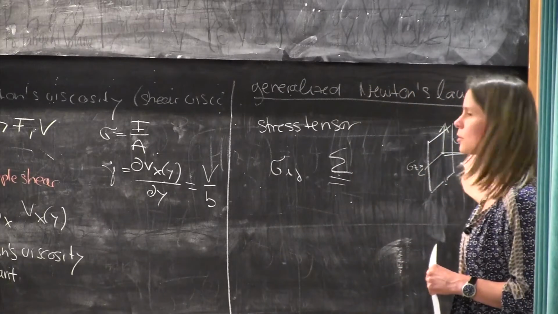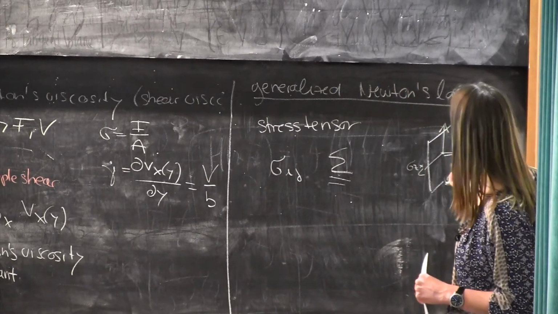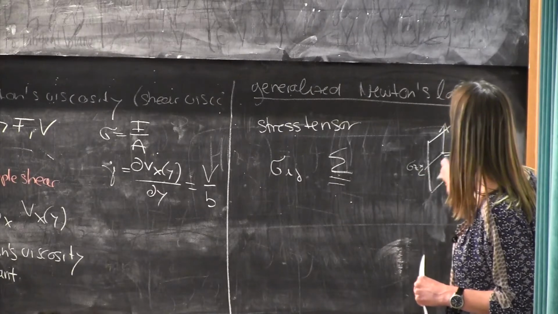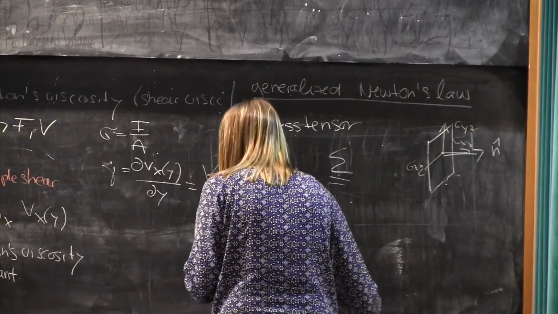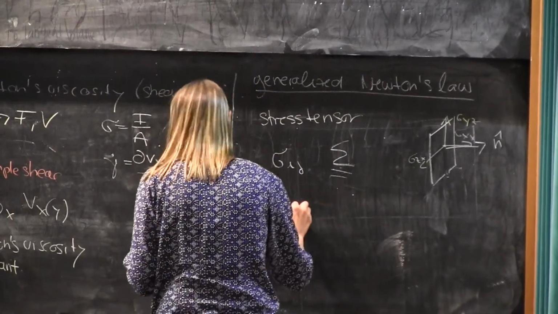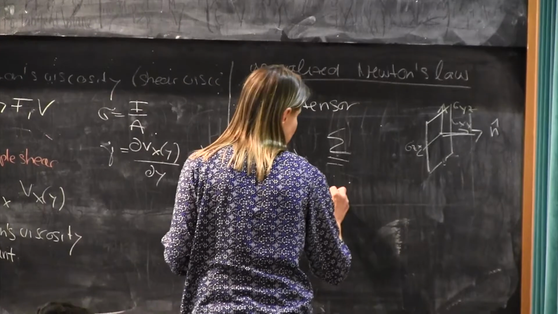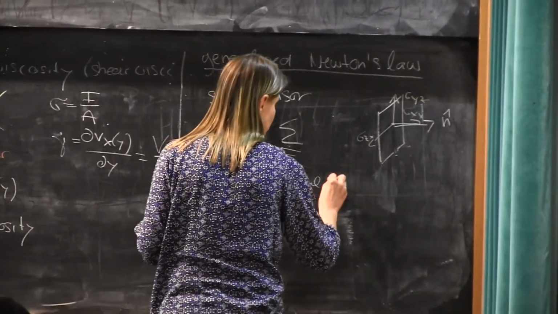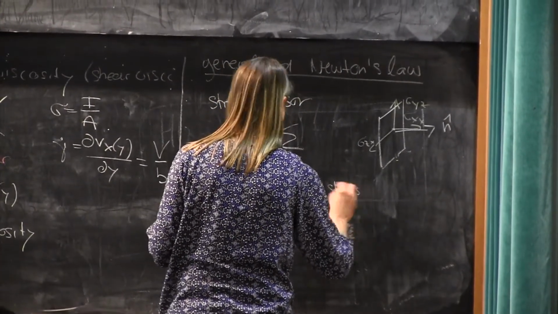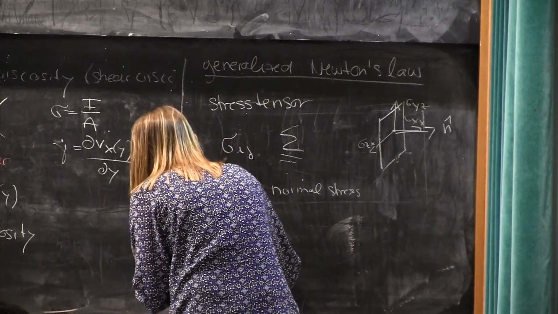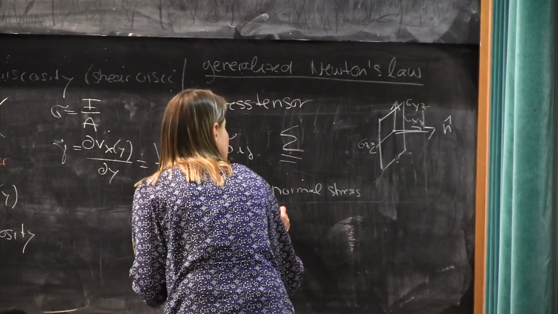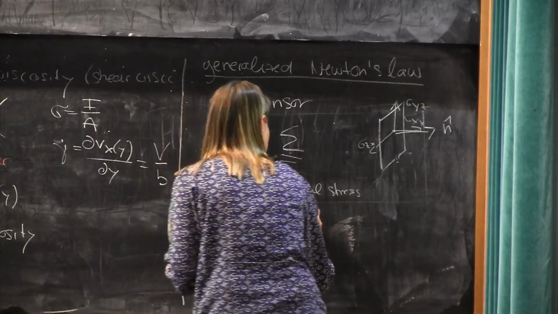So I can have normal components, which is sigma xx in this way, and I have shear components, sigma yz and sigma zx. And in general, sigma xx is a normal stress, and sigma yx and sigma zx are shear stresses.